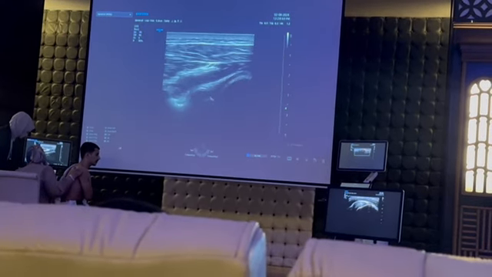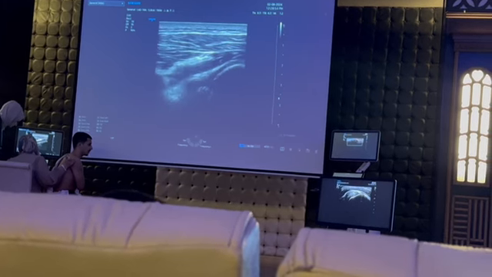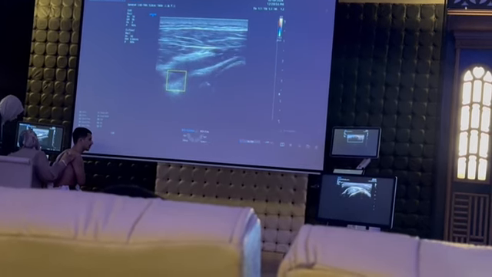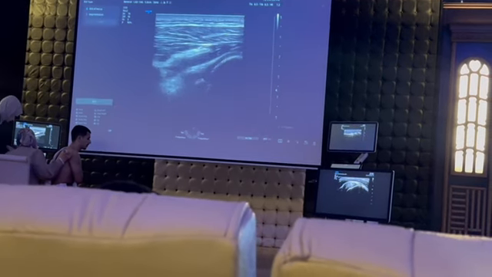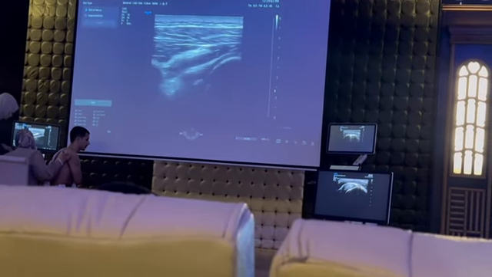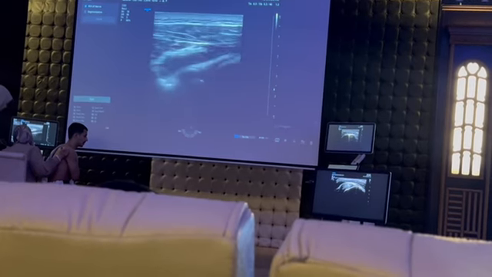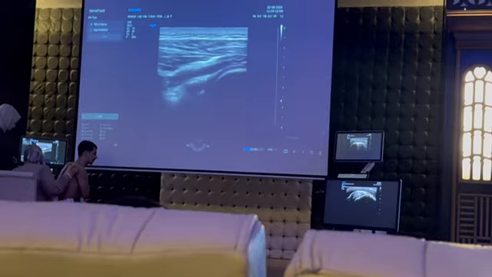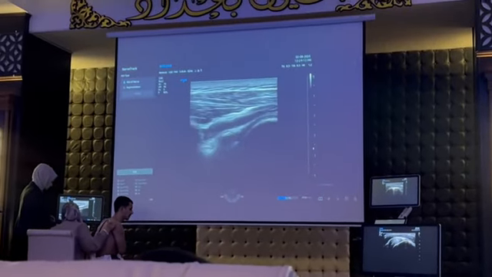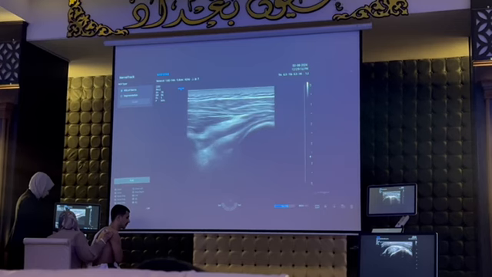Because the nerve is very small, a terminal branch, it sometimes does not appear by nerve tract, because nerve tract is especially for large nerves like the median and ulnar nerve. So you see, this is the triangular fibrocartilage in front of hyaline cartilage.